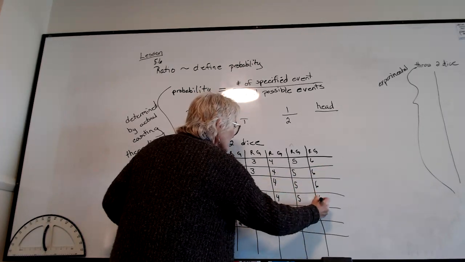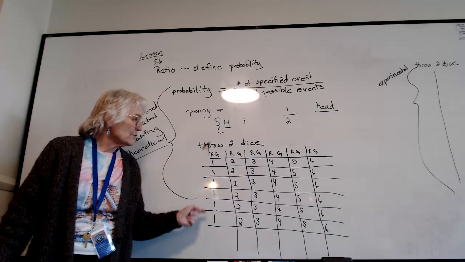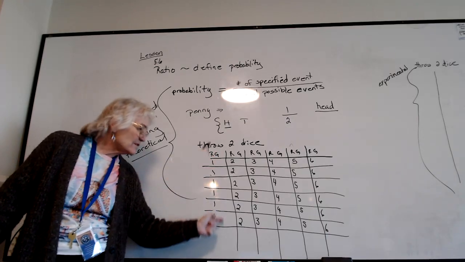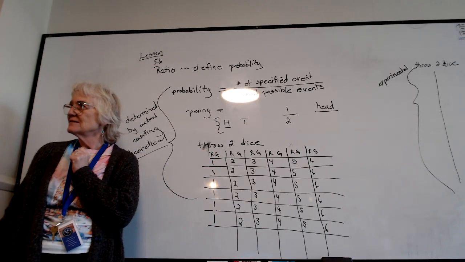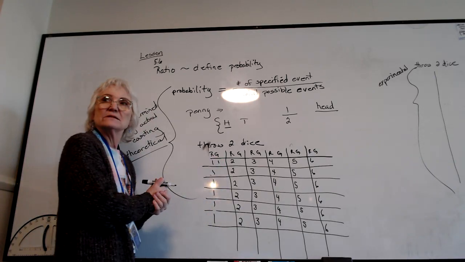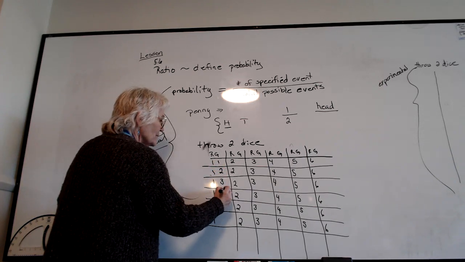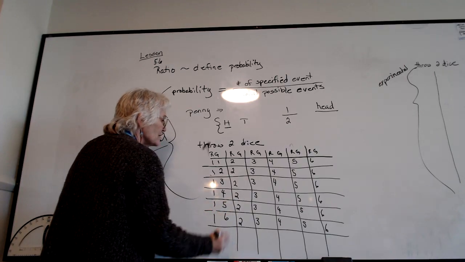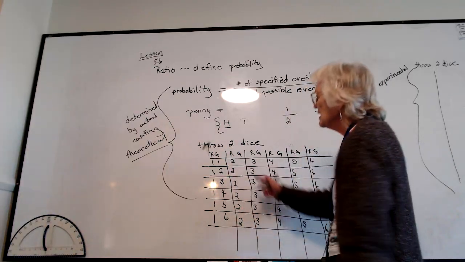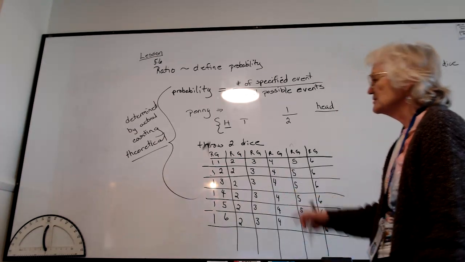So in this turn, I always roll a red 1. What are the possible numbers that could go for green? It could be a 1, because the red and the green could both be 1. This could be a 2, a 3, a 4, a 5, a 6. If I do a red 2 all the way down, what are my choices for green? Same thing. So fill out your chart, all the different ones. I'll do it while you're doing it.